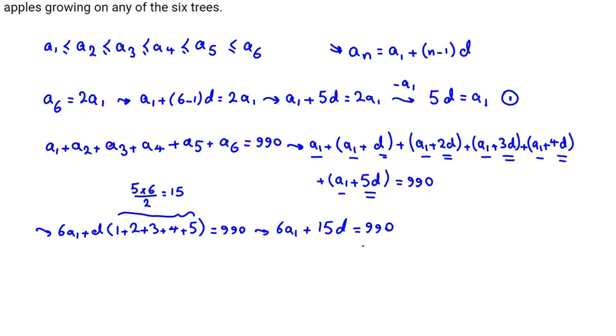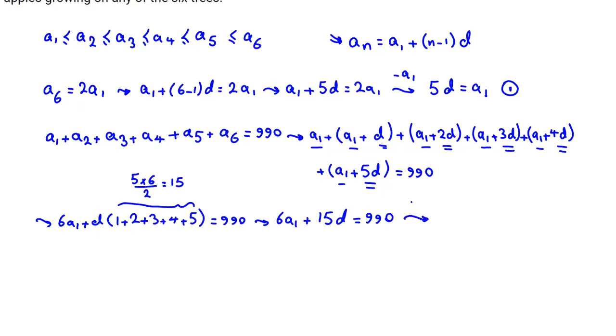Okay. Now we use the first identity. Instead of a1, we replace it with 5d. So it will be 6 times 5d instead of a1, plus 15d equals 990. Next, 30d plus 15d equals 990.